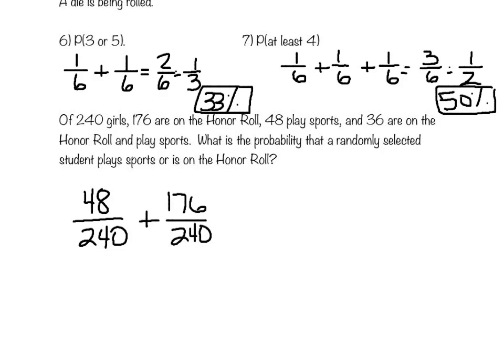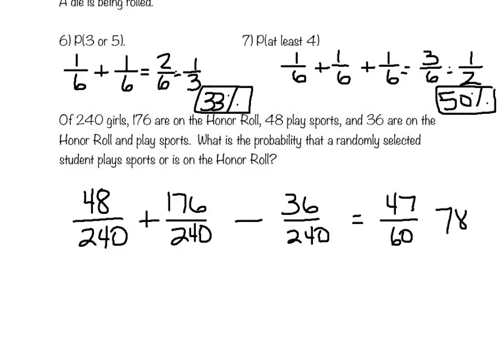And now we need to subtract the ones that are counted twice. In other words, the ones that do both are in sports and on the honor roll, and that's 36 out of 240. And so when we reduce, the answer is 47 out of 60, or 78% probability.